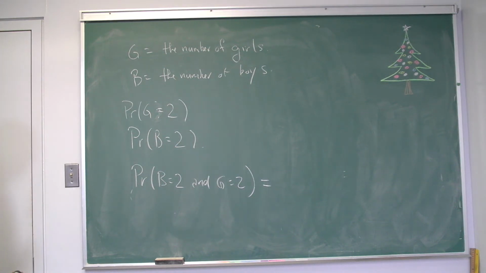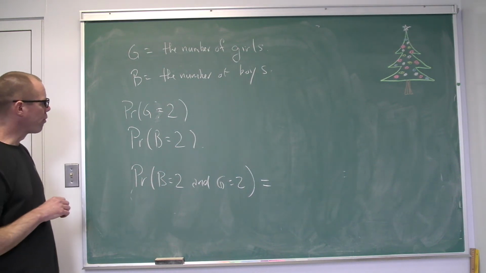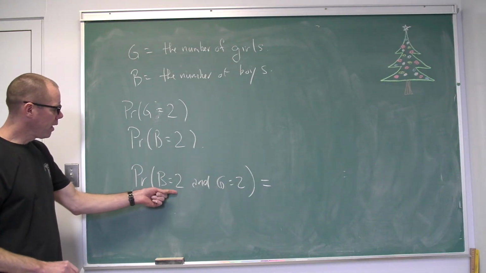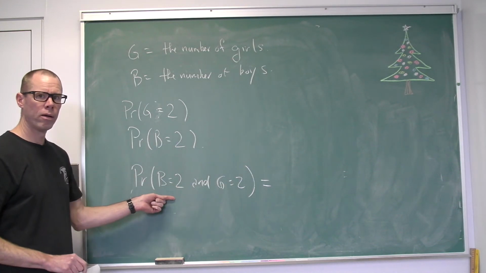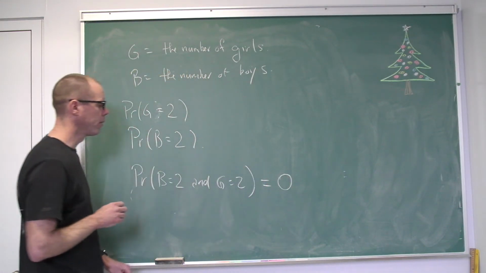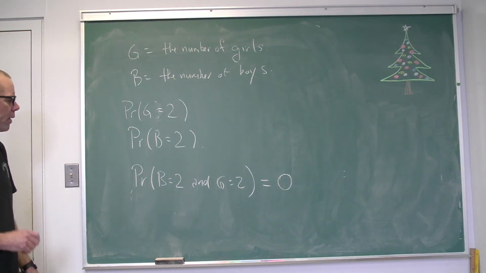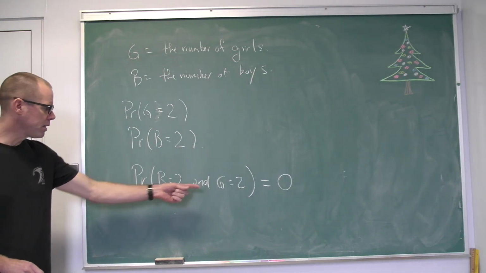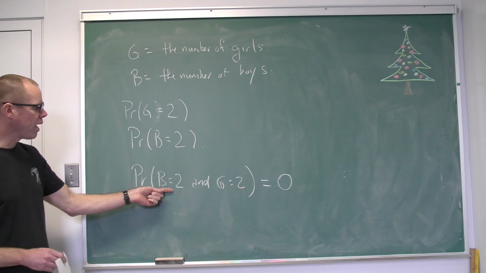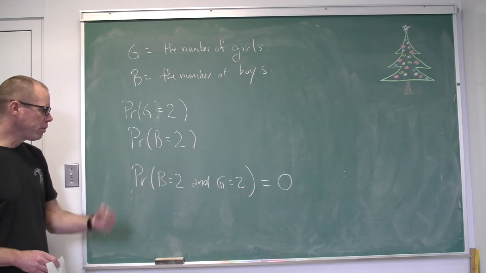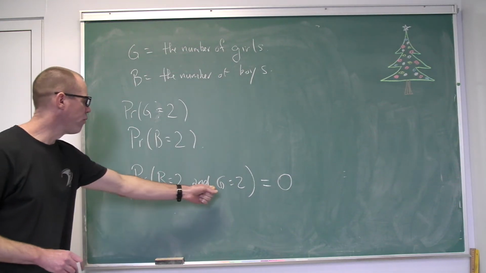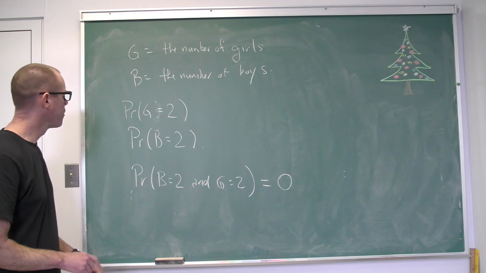And if you're not careful, you may do a lot of work to figure all of these things out exactly, but what we've just said is that this probability here is equal to 0. Okay? So this probability is 0 because this never happens. The couple stops as soon as they have 2 children of the same sex, which means the other sex, there's only 1 child. Okay? So you never have 2 boys and 2 girls.